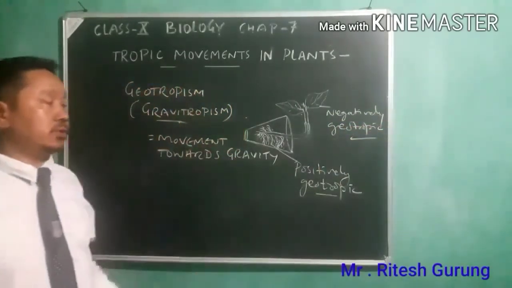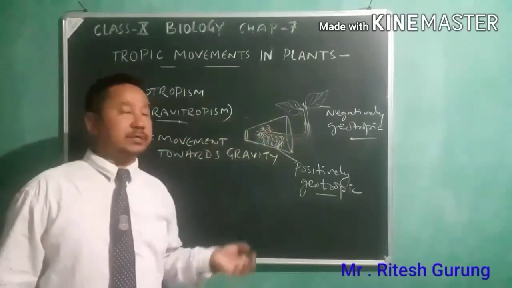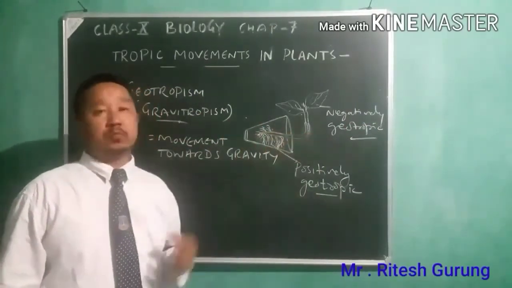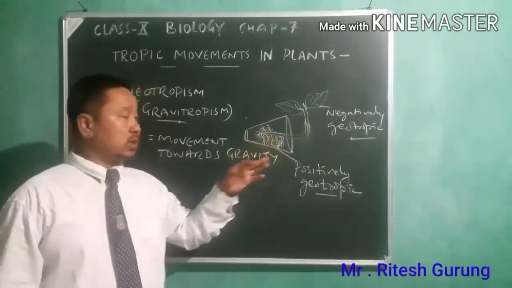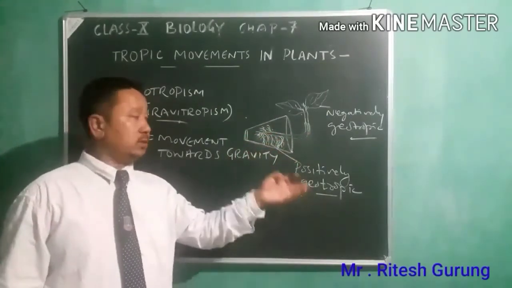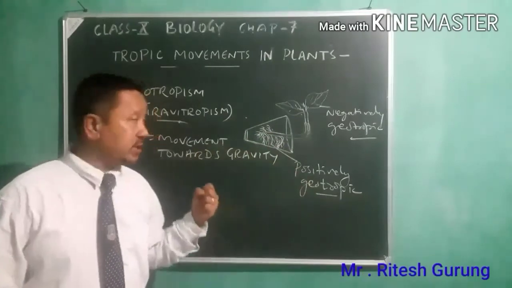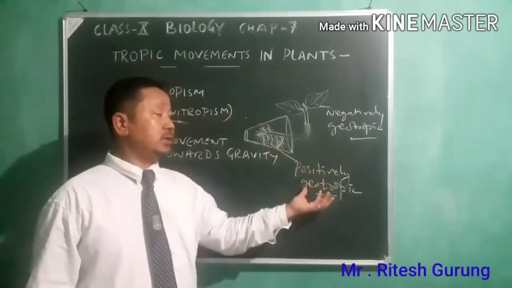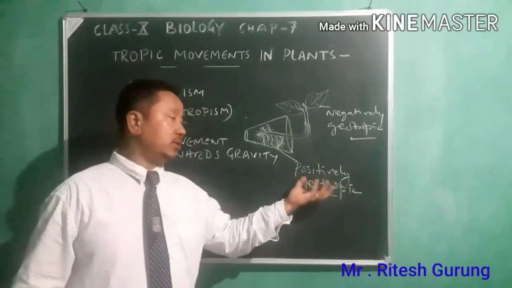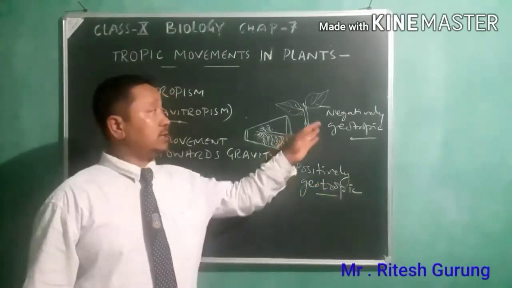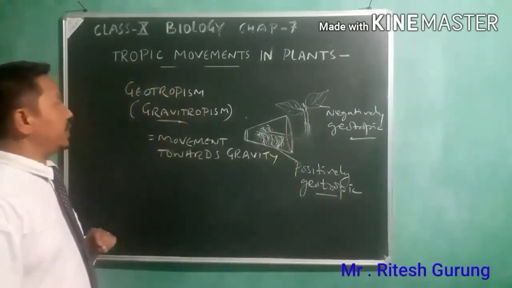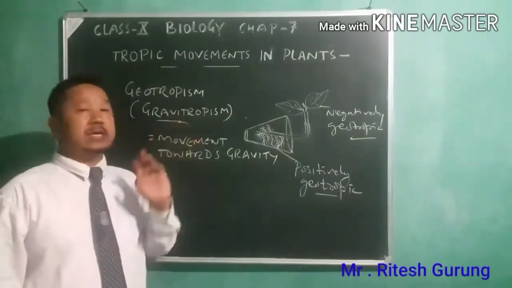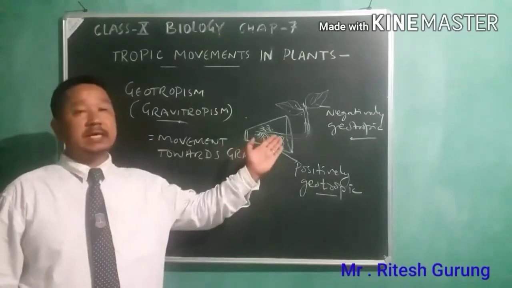So here also we see the two different regions showing two different responses or two different movements. Here the roots are moving towards the earth, towards the gravity, whereas the shoot is going against it, away from the gravity or the soil. Okay, see here. So this kind of movement is called geotropism or gravitropism. It is very clearly shown.